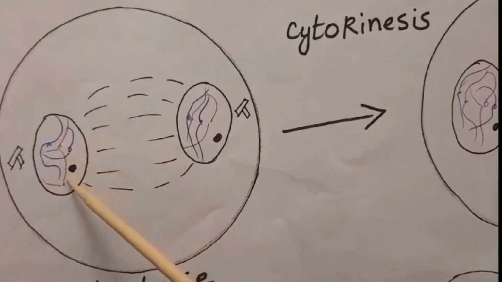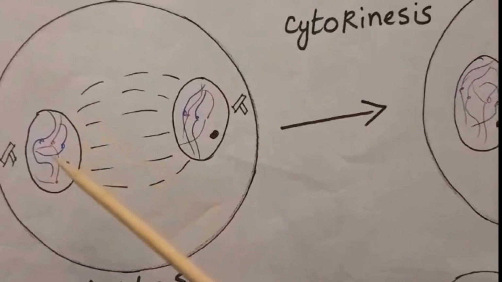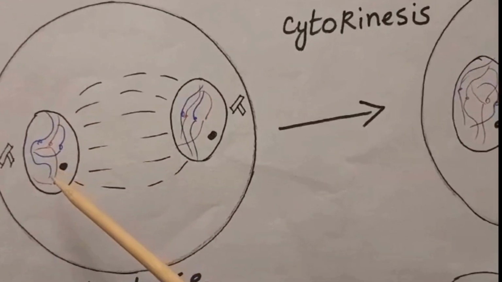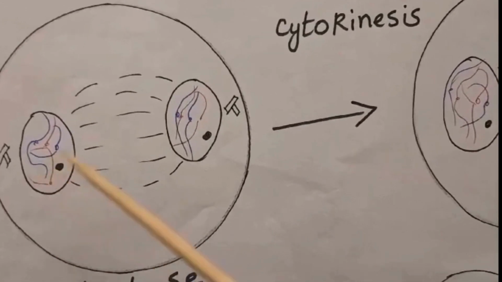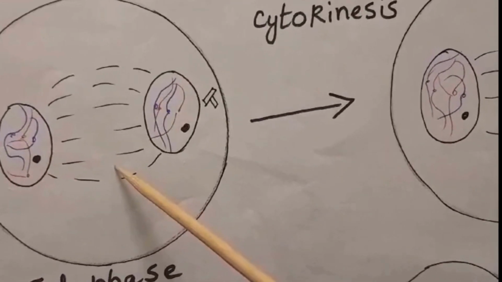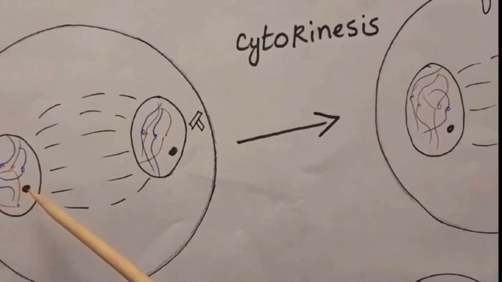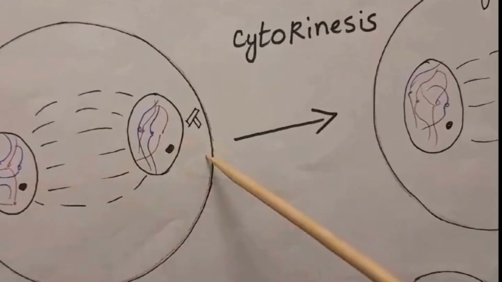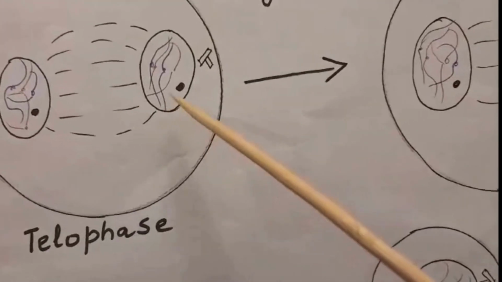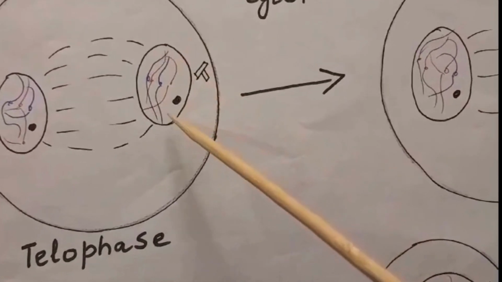In the telophase, the nuclear membrane reappears because the chromosomes have reached towards the poles. The spindle fibers disappear, the nuclear membrane reappears, the nucleolus reappears, and this is called karyokinesis, that is the division of the nucleus.